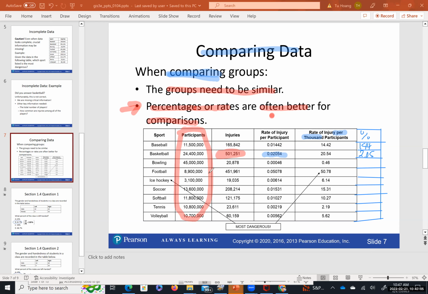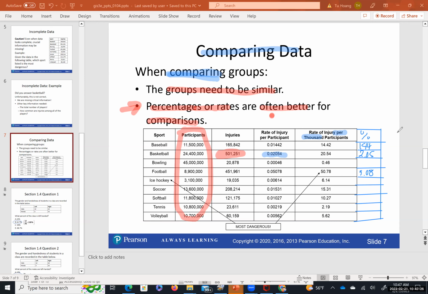Okay, let's see the other one. So I will look at the football now. It has 0.05 as the injury rate, right? So it's going to be 5.07 or 08, rounded to 2 decimal places, right?